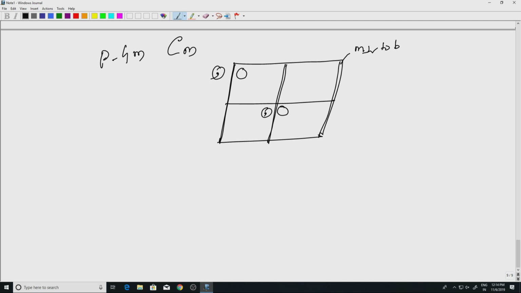Now we can see that x, y, z, x, y bar, z. This point is half of 0. So this becomes half plus x, half plus y, z. This becomes half plus x, half minus y, z.